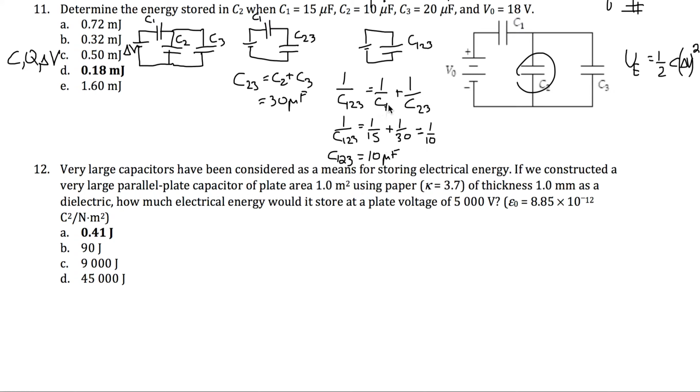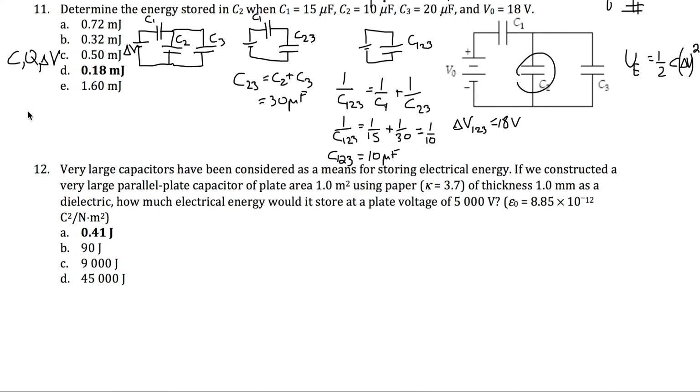Now to work backwards, we know that this potential difference of 18 volts applies to this capacitor. So this delta V123 across this one is 18. Now I'm going to find the charge on this capacitor. I always want to find all 3 of these variables when I'm working backwards.